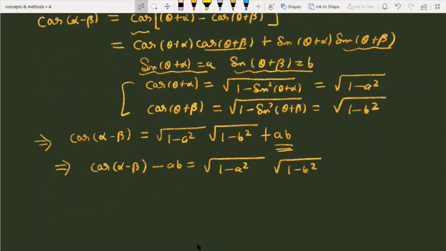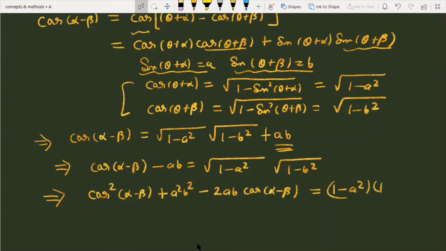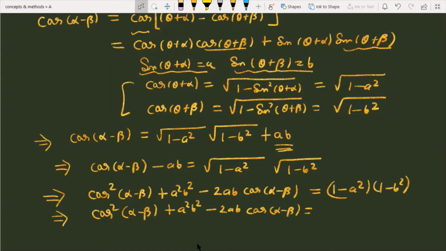Now we are squaring both sides. This becomes cos²(α − β) + A²B² − 2AB cos(α − β), and on the right hand side you get (1 − A²)(1 − B²). Simplifying further, the right hand side is 1 − A² − B² + A²B².